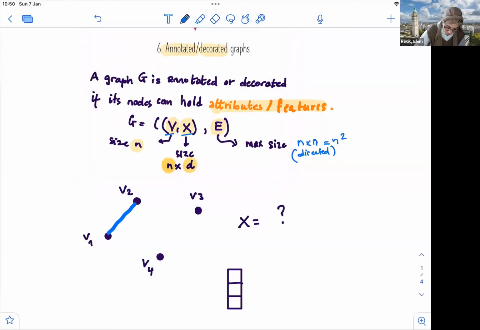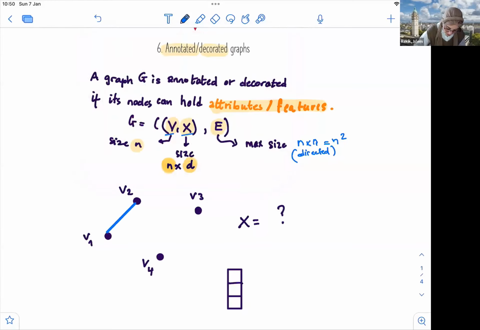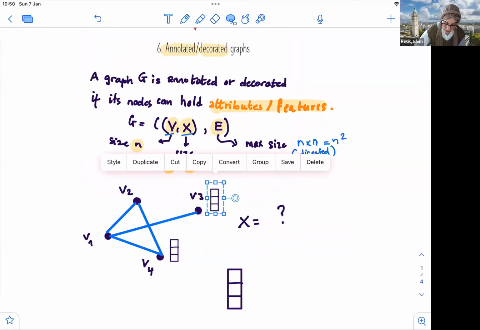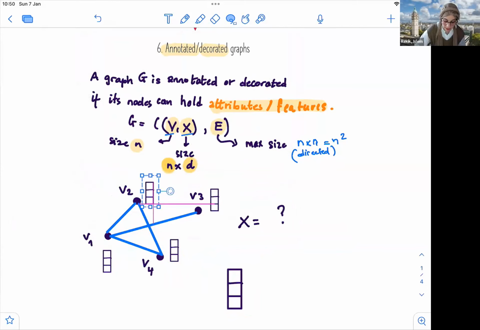Let's say this is our graph. We have this type of graph with different connectivities, and we have an annotation here. This is a feature vector that we will assign to each node. We duplicate that, which means for each node we're going to store D features, and D could be thousands and thousands of features, depending on how you extract those features and their meaning.